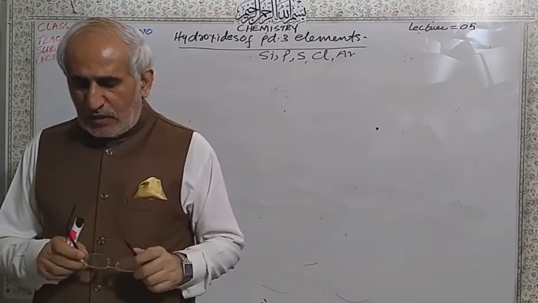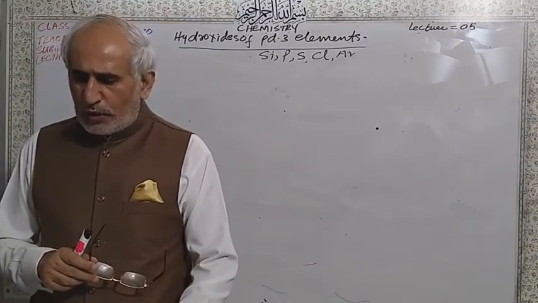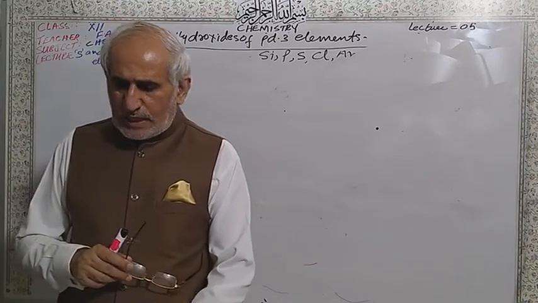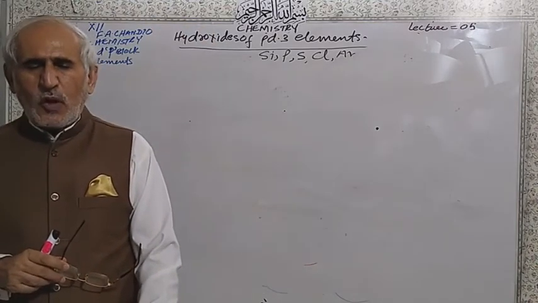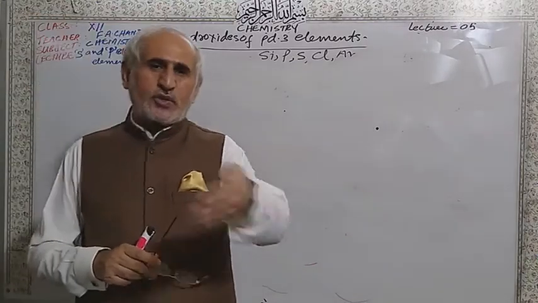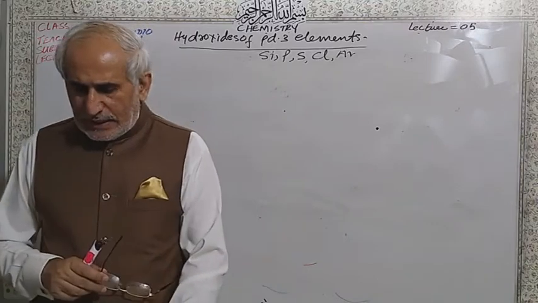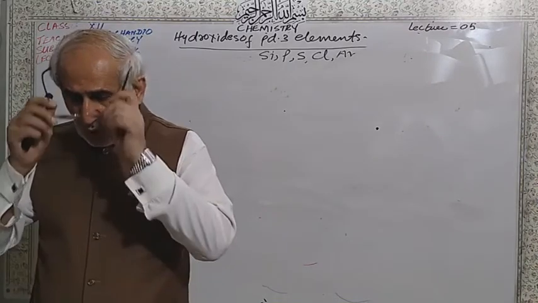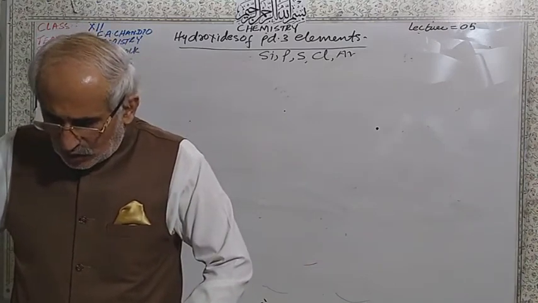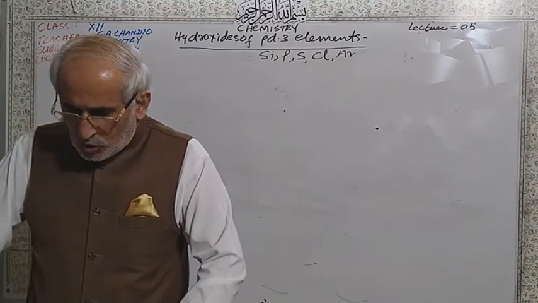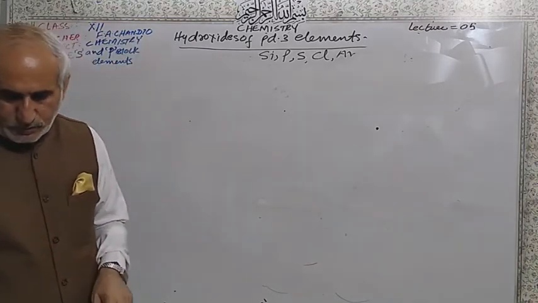Now the remaining elements after this are sodium, magnesium, aluminum, then silicon, phosphorus, sulfur, chlorine, argon. From sodium to magnesium, both are metallic, and metal character decreases from left to right. Aluminum oxide gives the amphoteric, then the non-metallic character starts and they give acidic.